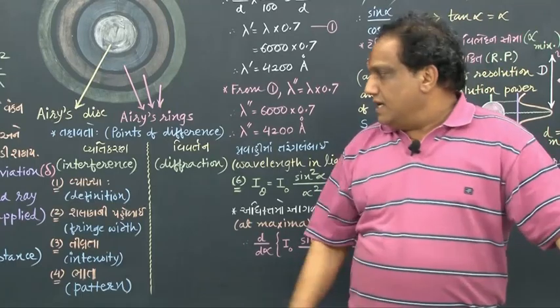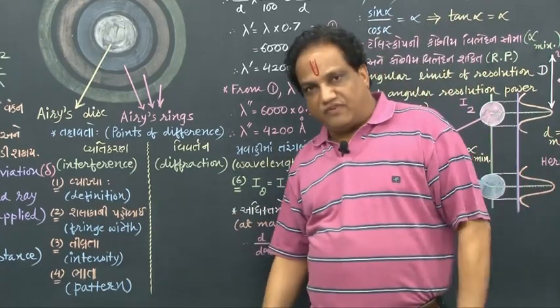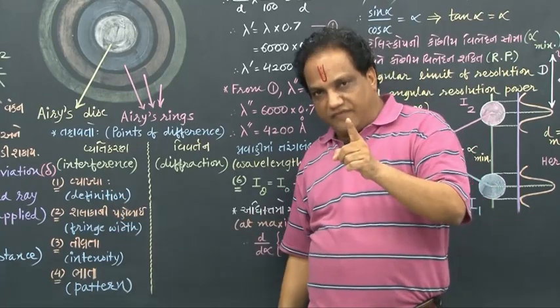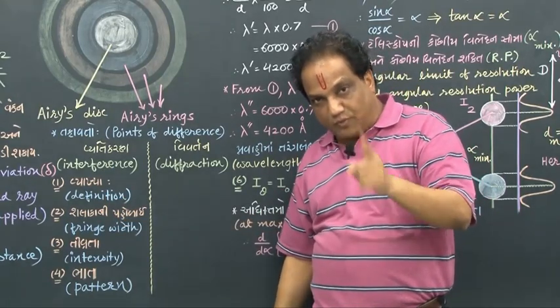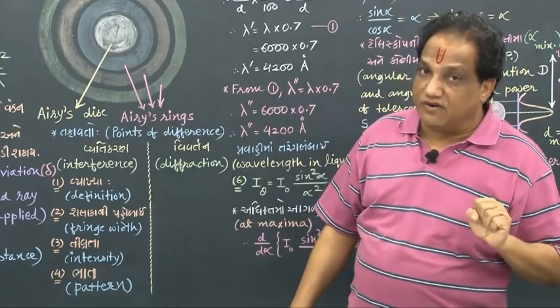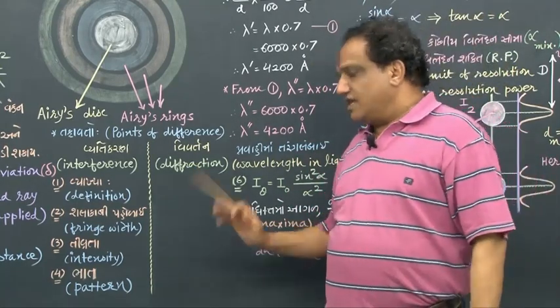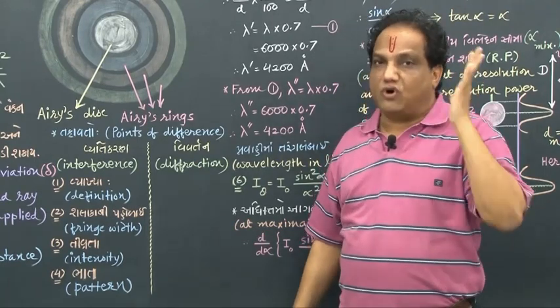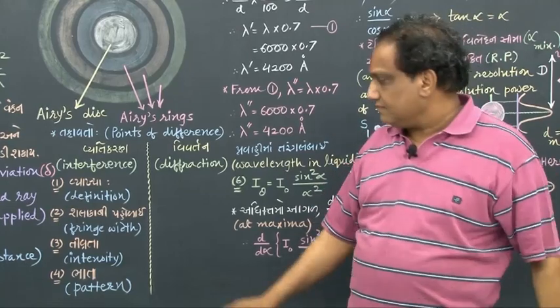Okay, let me repeat all the 4 points of difference. What is called an interference? Physical effect arising due to superposition of two or more than two waves is called an interference. Physical effect arising due to limited part of a wavefront is called diffraction.